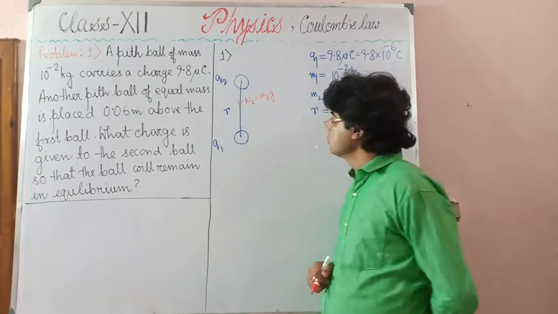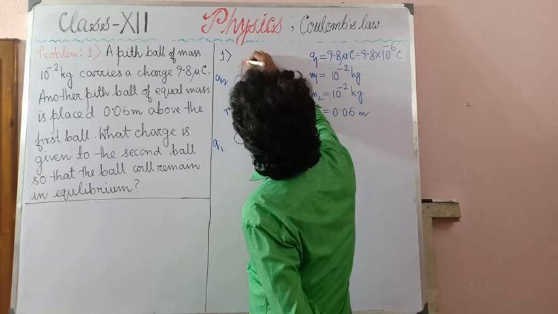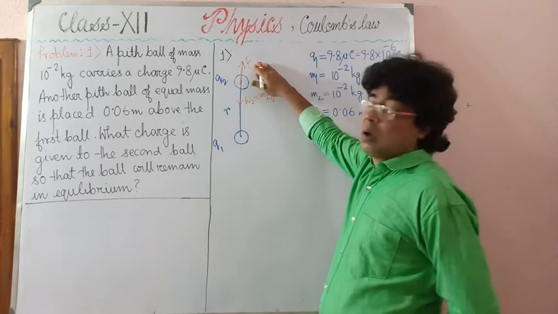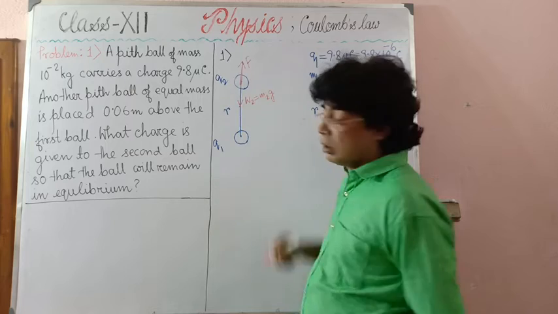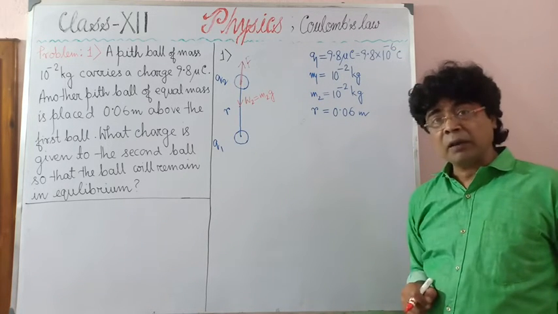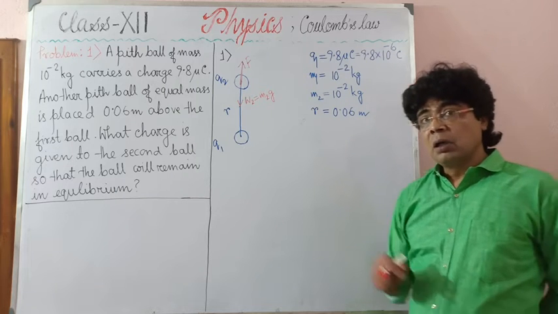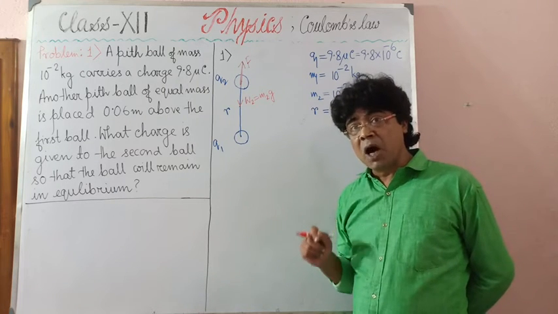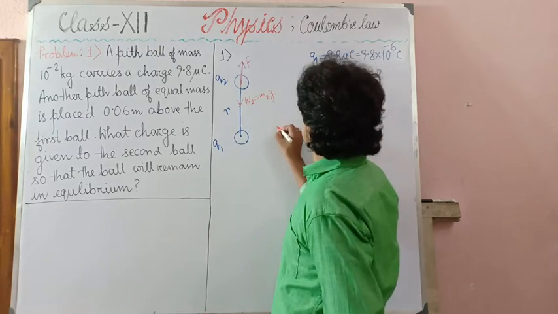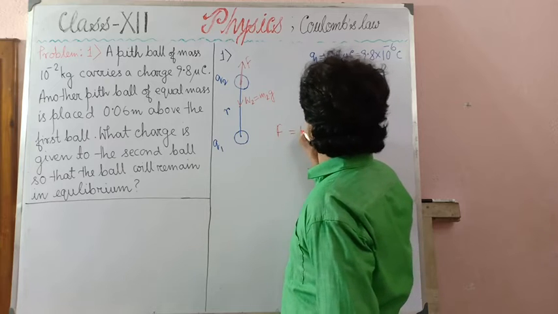So, the electrostatic force F on the second ball will act along the vertically upward direction, and F would be equal to W2.